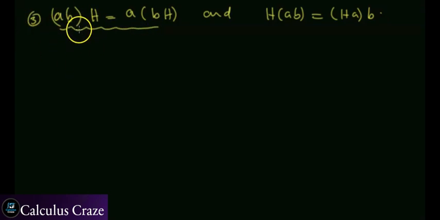You can easily see that it is nothing but the transitive property. I know that AB times H, because A and B are from G, and H is from H. But H is a subgroup of G. So technically, all of these three elements are from G, and G is a group.